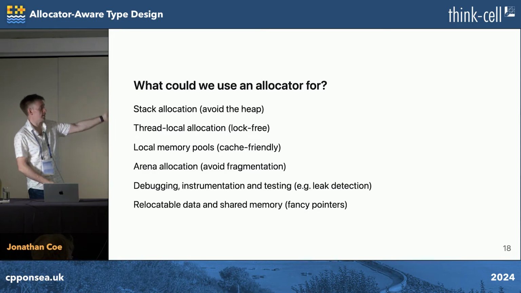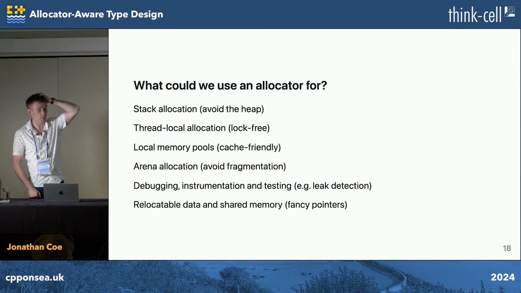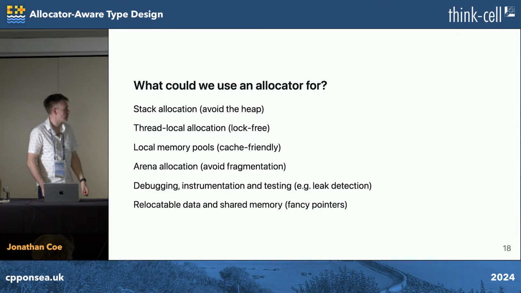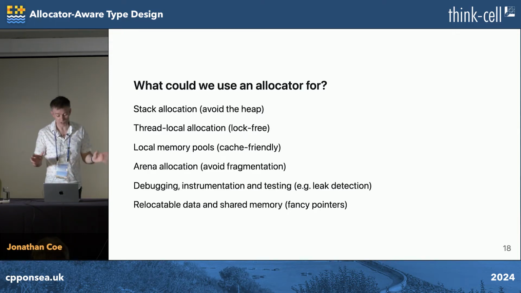And in the process of developing reference implementations for indirect and polymorphic, I've written plenty of debugging and instrumentation level allocators to sort of print out what's going on and when it's happening. And relocatable data and shared memory. So memory shared between processes will need more complicated pointers, and that can also be supported by clever use of allocators, which will support these things called fancy pointers.